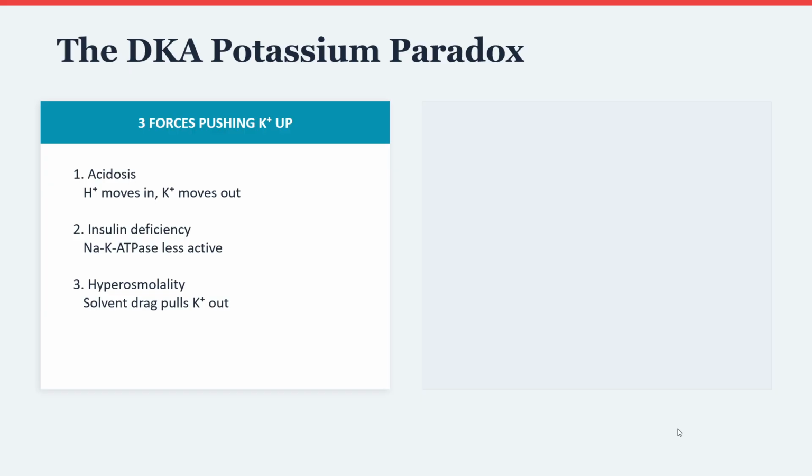The extremely high blood glucose, we are talking in the 900s in this case, creates an osmotic gradient that pulls water and potassium out of cells by solvent drag. All three of these forces should make the serum potassium high. And in fact, many DKA patients do present with normal or even elevated potassium. But what if it is low?